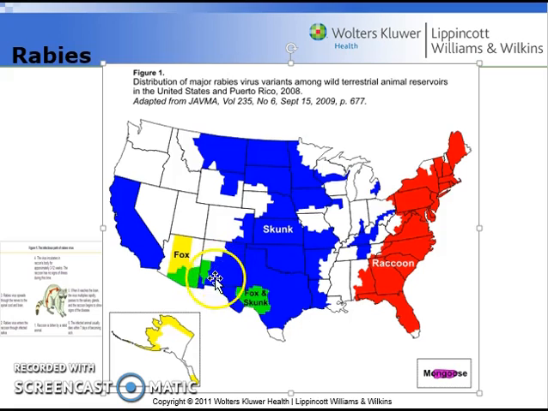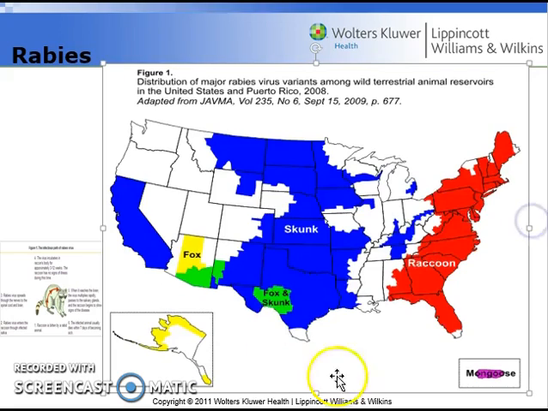You can see that we have skunks, foxes, raccoons, and mongoose on here, all of which are host organisms that can transmit the rabies virus. Most of the rabies virus looks like it's infecting skunks more so than raccoons in a good number of states in the U.S. So that's just the distribution.